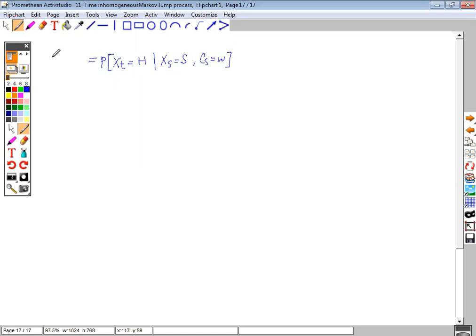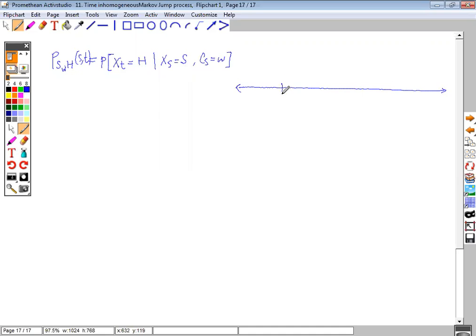So what we have here is the probability that we go from sick state to healthy state, right? So we are going from sick to healthy, but we know that we have been in the sick state for at least W amount of time. And again, time is S to T. So this is what we are trying to figure out. Let us try to draw this line here.